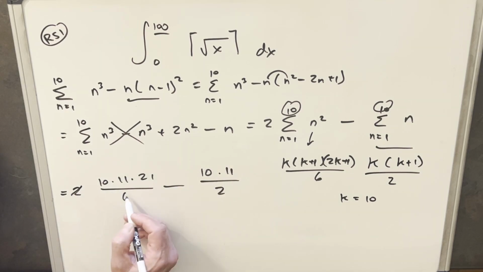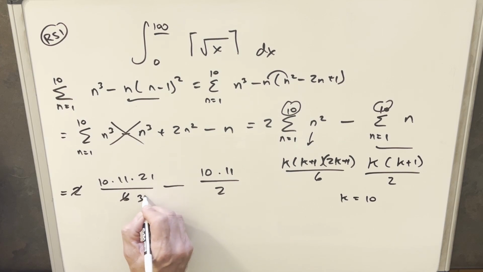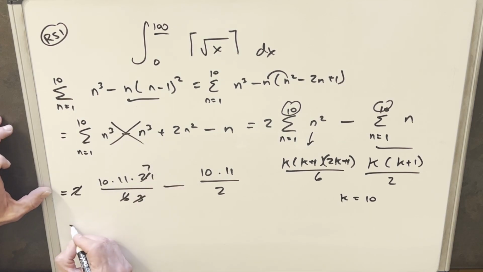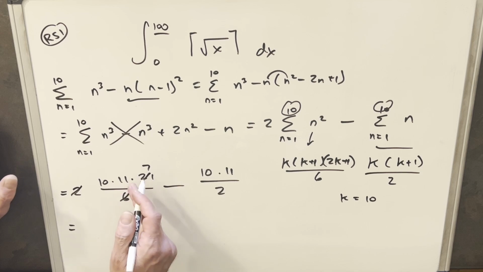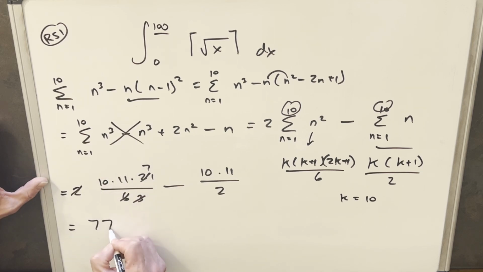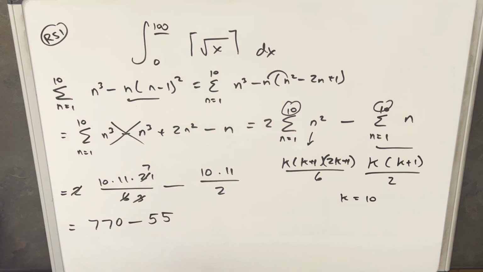Let's see, we can cancel a 2 and a 6 here and have a 3. I can cancel a 3 and a 21 and have a 7. Multiplying this out, 77 times 10, this is going to be 770 minus, this number is 55. That's going to give us our final solution, which is just 715.